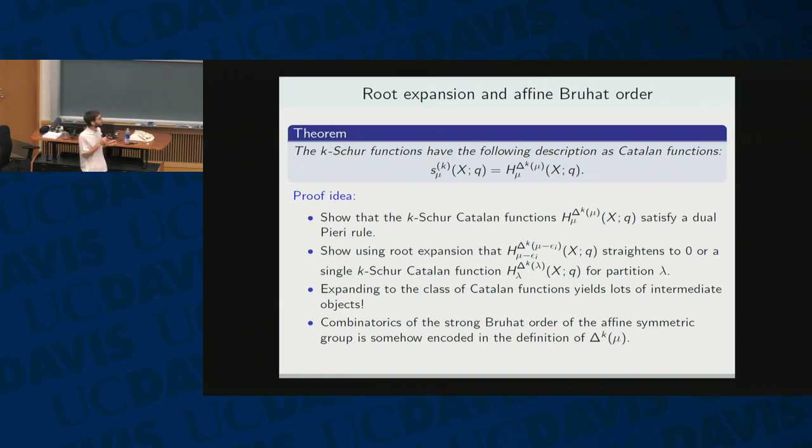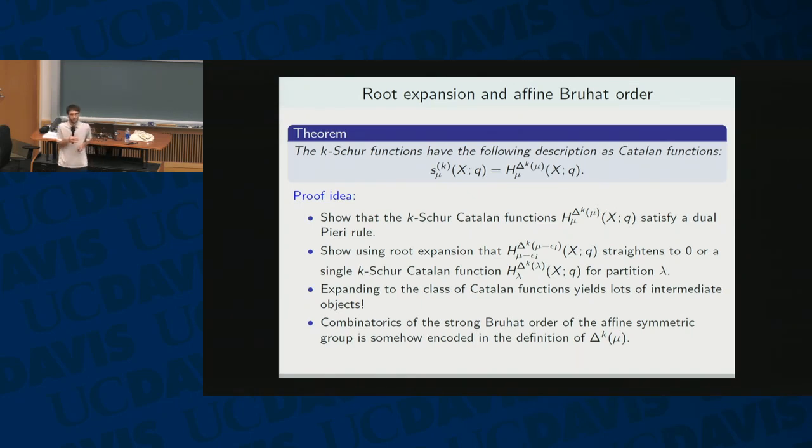And interestingly, this definition still makes sense. This is part of the theme I was telling you about. There are so many Catalan functions. That's important. Before, with just k-Schur functions, there would be no way to make sense of a k-Schur function indexed by something that's not a partition. But here, we automatically have a definition of this, and this serves as a stepping stone. We use the root expansion on this and show that it's always equal to one of these k-Schur Catalan functions indexed by a partition, or 0.